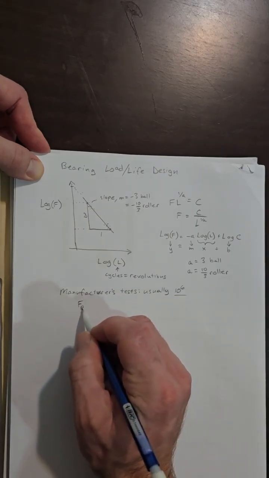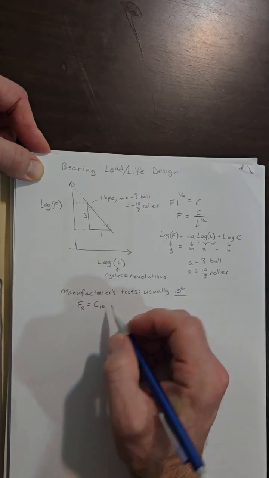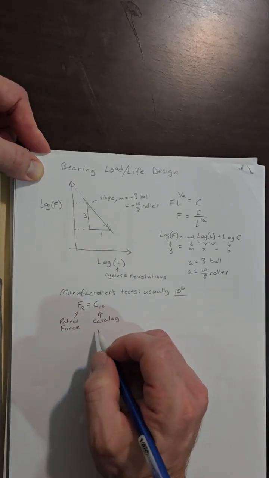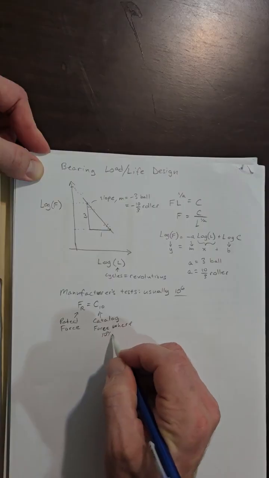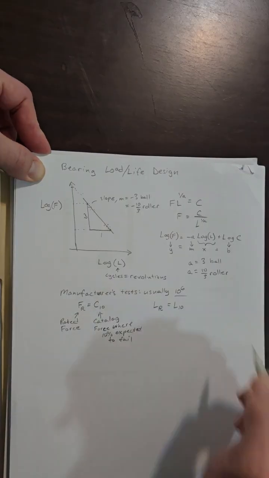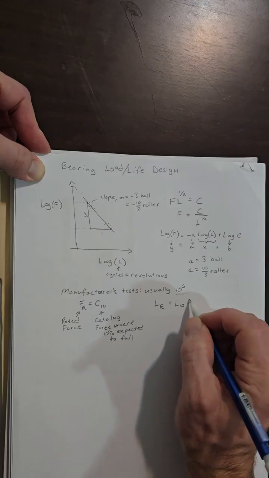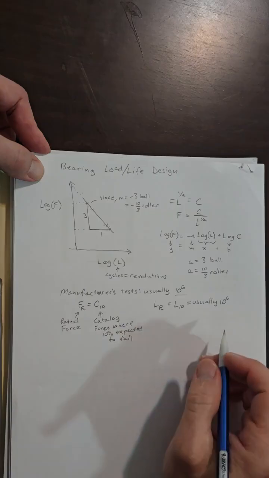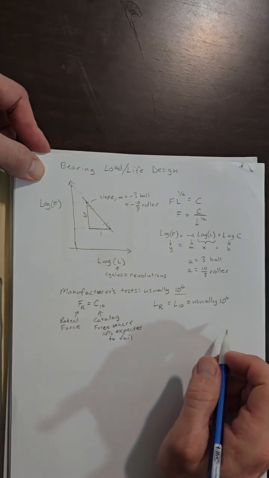That rated force is often called C10. That's the rated force because it's quoted as the catalog force where 10% are expected to fail. And that rated life, often called L10, is usually 10⁶. Not always for all vendors, but 10⁶ is the most common.